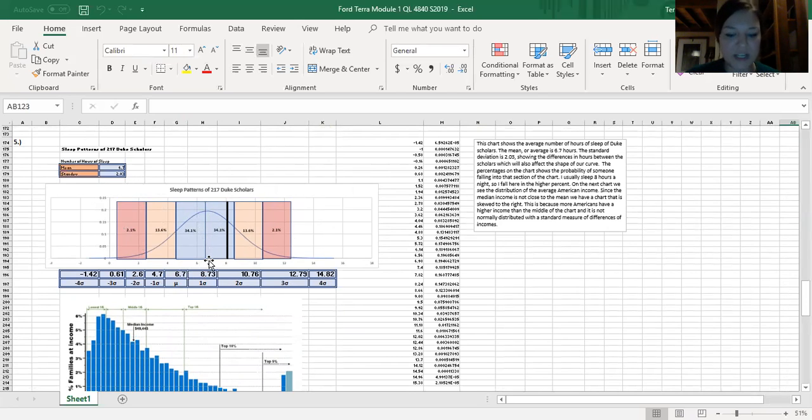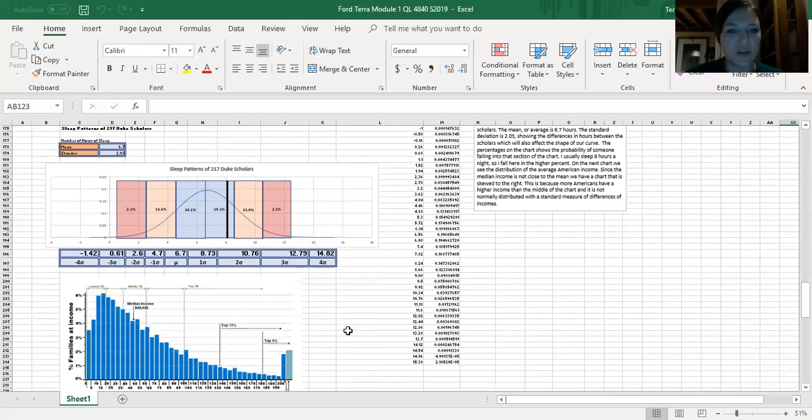The standard deviation is 2.03, which shows the difference in hours between the scholars, which will also affect the shape of our curve right here. The percentages on the charts show the probability of someone falling into that section on the chart. So I usually sleep 8 hours a night, so I fall here in part of the higher percent.